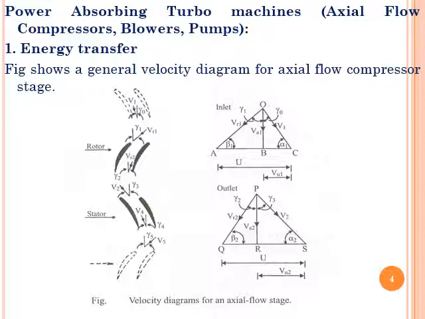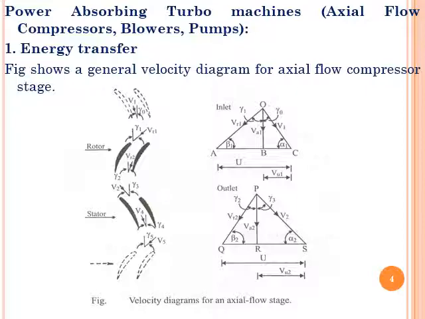Here the flow of the fluid is in the axial direction, that is V of A1, so that is an axial flow machine. Then the fluid exits from the rotor and flows to the stator, and finally exits from the stator.